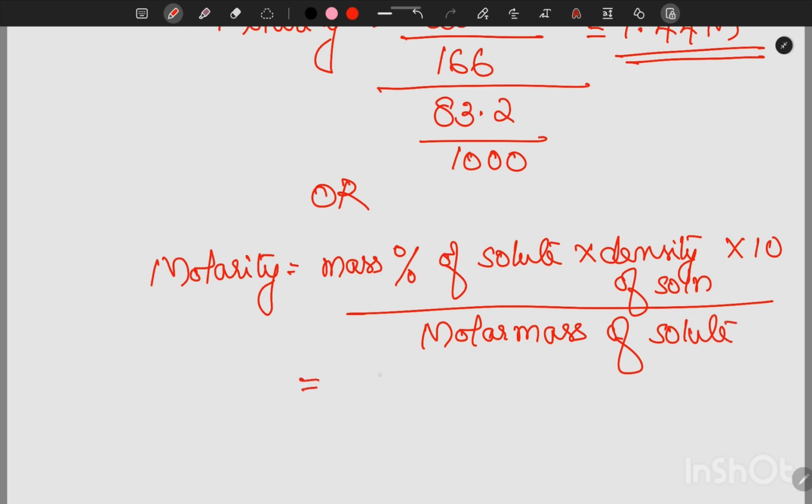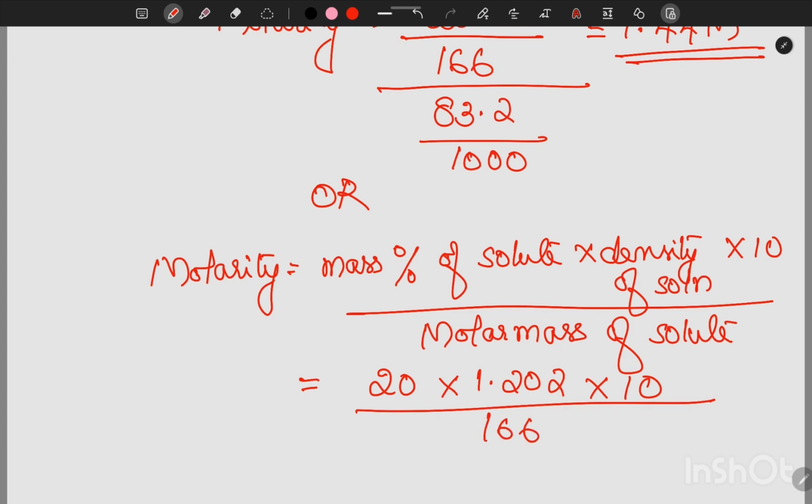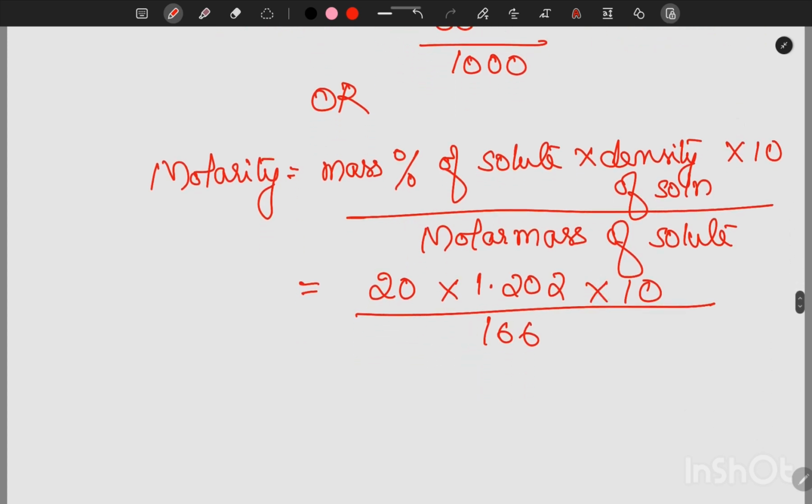So mass percentage is given in the question as 20, and density 1.202, into 10, divided by molar mass of the solute, 166. So you will get approximately 1.44 molar.